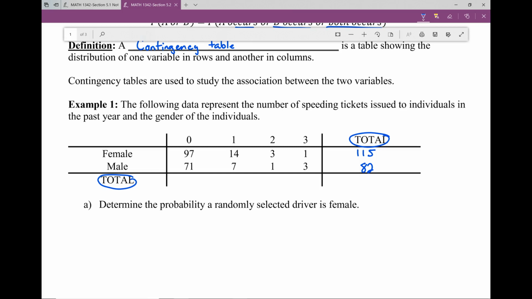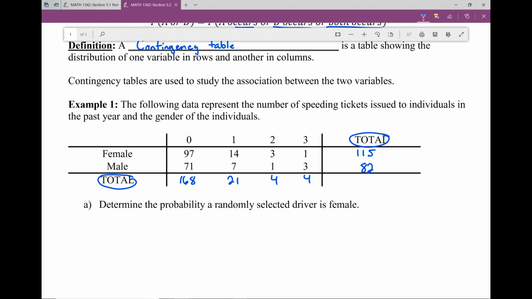We have 97 and 71, so we have 168 people with 0 tickets. 14 and 7, we have 21 individuals with 1 ticket. 3 and 1 is 4 individuals with 2 tickets. 3 and 1 is 4 individuals with 3 tickets.